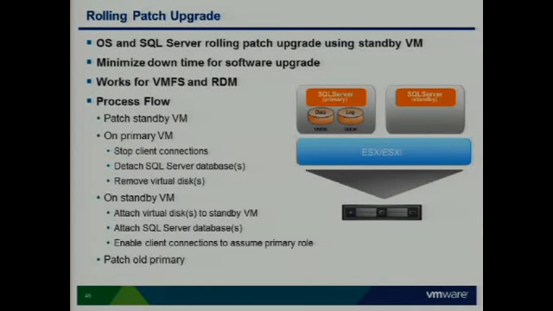What you do is you create a standby VM, you patch that VM, and then basically you stop all the client connections on the primary VM, detach the SQL databases, remove the virtual disks, and swing them over to your patched standby VM. Once that's done, you can attach the disks, attach the databases, enable client connections, and now you're up and running with a patched SQL Server.